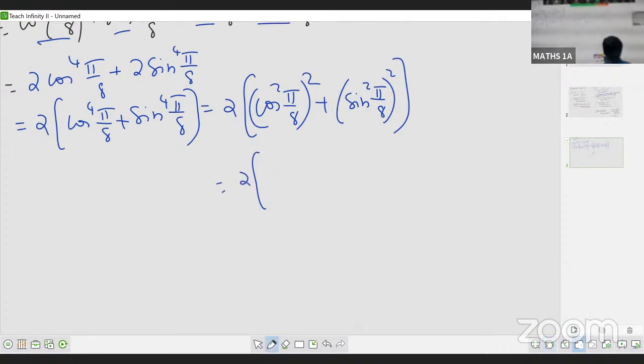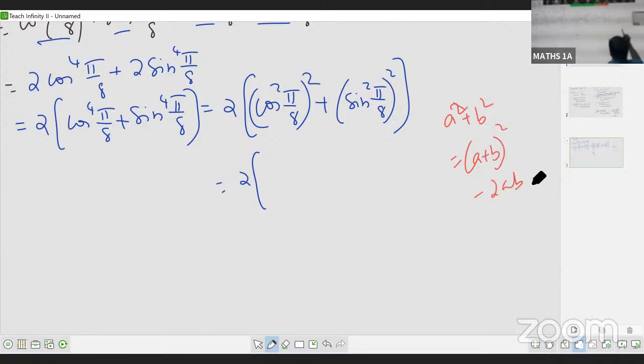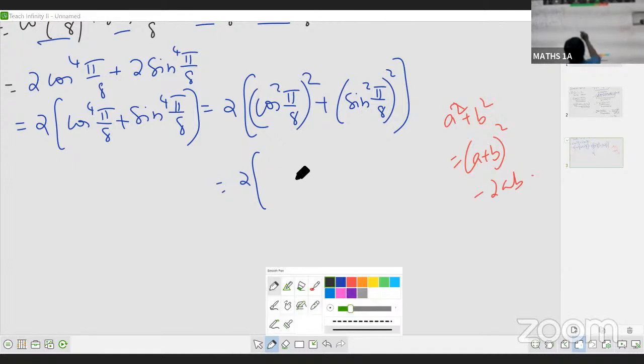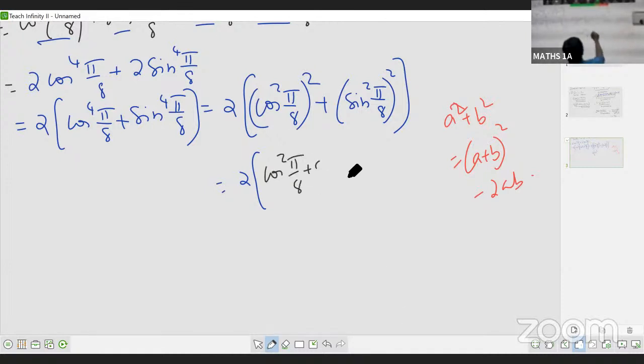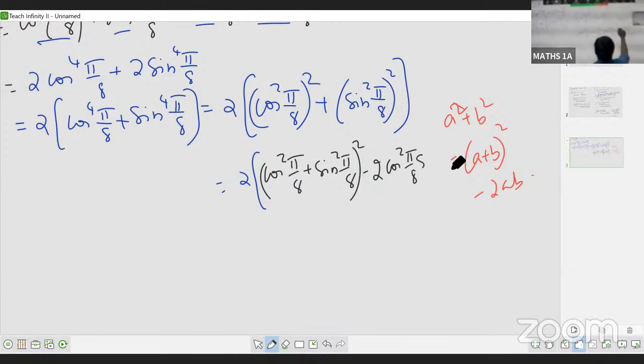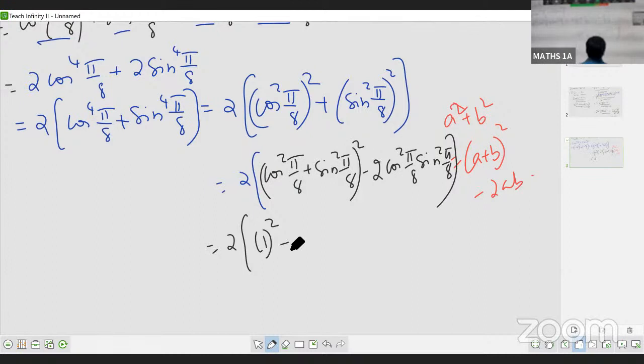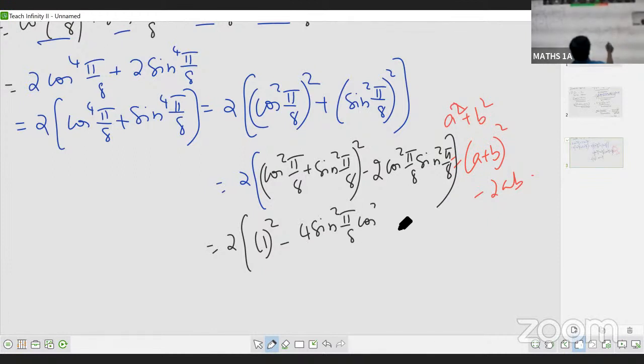Does it look like a square plus b square, that is a plus b whole square minus 2ab. I am going to write it as cos square pi by 8 plus sine square pi by 8 whole square minus 2 cos square pi by 8 sine square pi by 8. That is nothing but 2 into 1 square minus 2 cos square pi by 8 sine square pi by 8. I will multiply and divide with 2, so 4 sine square pi by 8 cos square pi by 8.